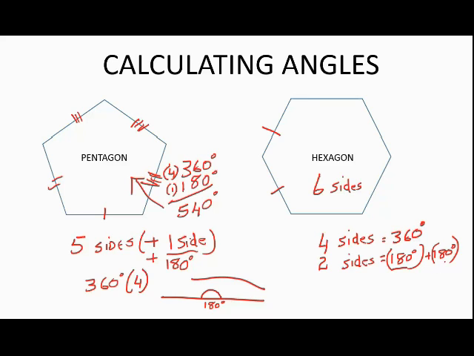Both sides are straight angles, so altogether that should leave me with 720 degrees that the interior angles of this hexagon would add up to.